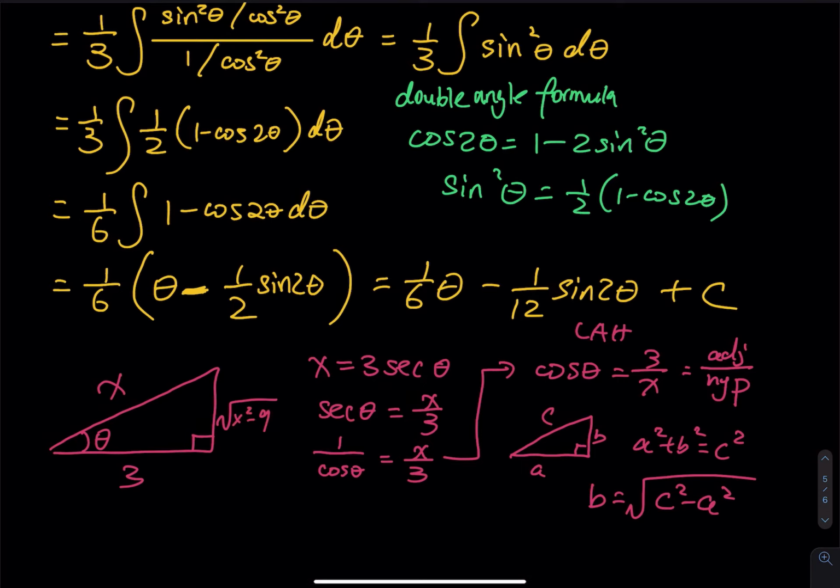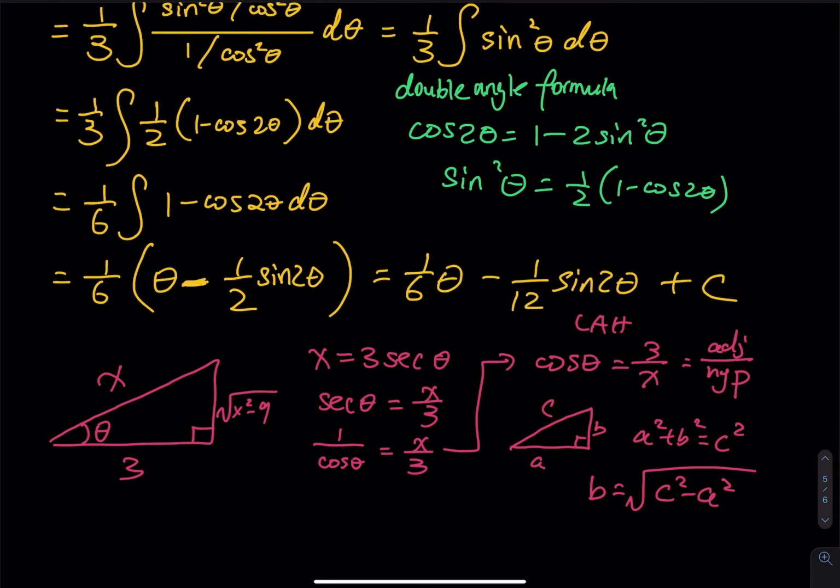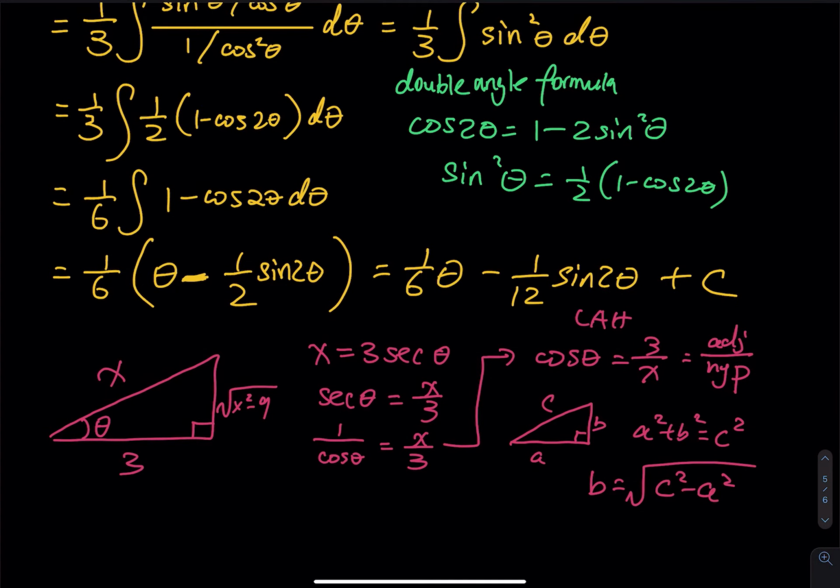Okay, what do we have? We have a sine of 2 theta. Let's see how we deal with sine of 2 theta.